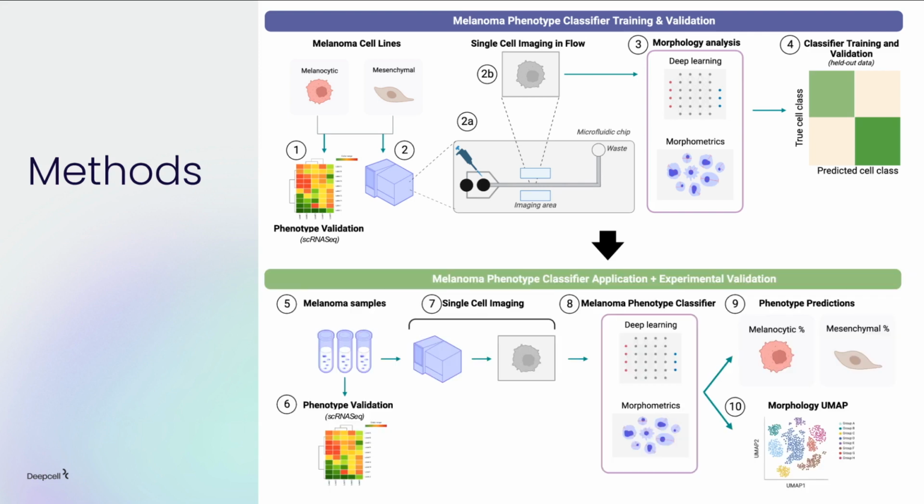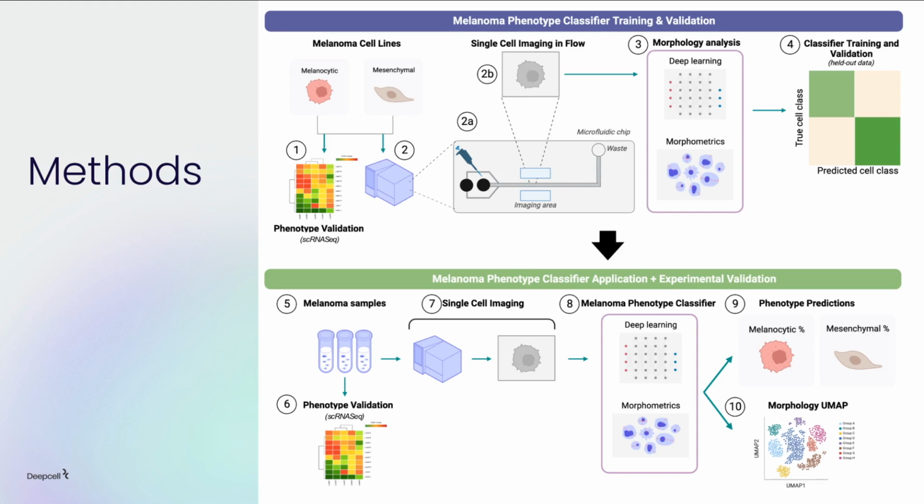Then in the second part of the approach, we went on to validate our predictions with patient-derived cells, cells derived from tumor samples that we dissociated directly from the tumors, as well as cells that we perturbed chemically or that had genetic mutations. We followed for the validation experiment exactly the same procedure.